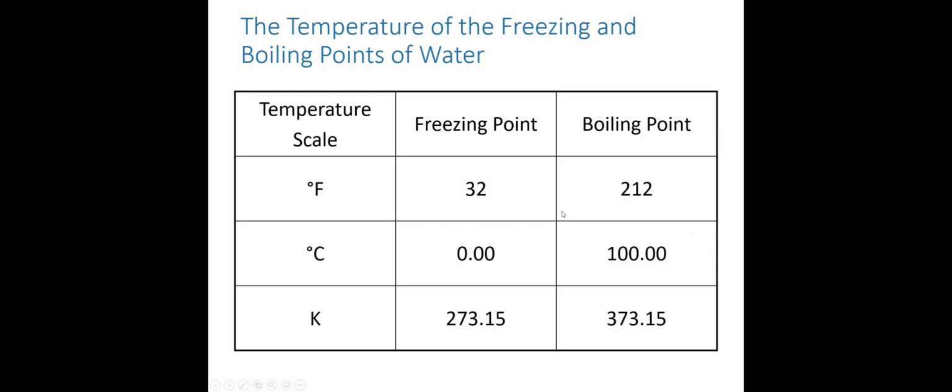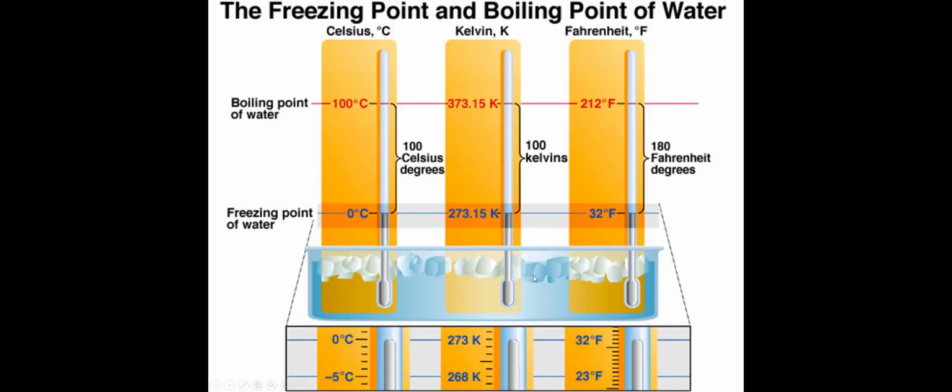Fahrenheit, on the other hand, is quite a bit removed and different from these. Adding 1 degree Fahrenheit doesn't quite add a degree Celsius. And also these numbers aren't at all based on water. So what we do need to be able to do is convert between them, and so we'll look at some formulas for that in a moment. This is just a nice piece of artwork which shows you the difference between them.